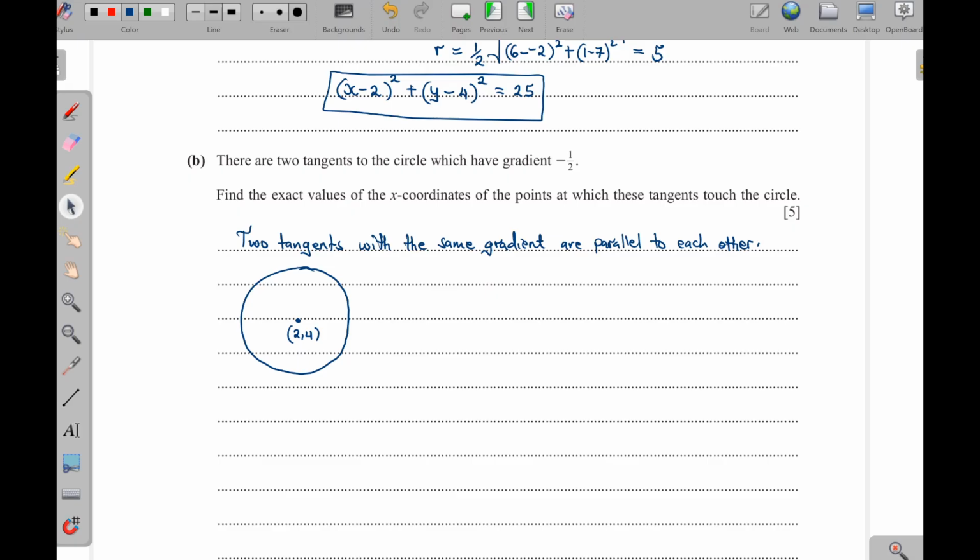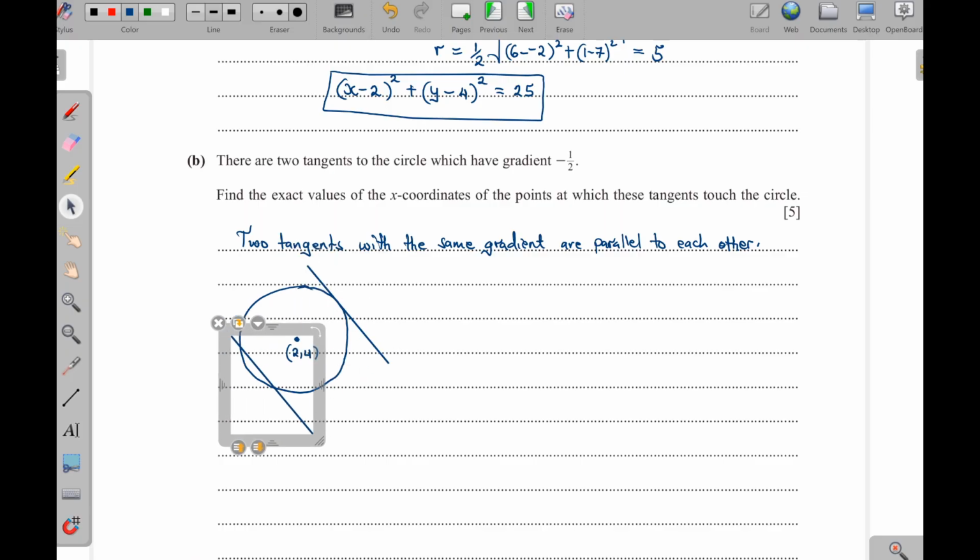Now, remember, I've said that if a line has a negative gradient, then it is slanting like that. So I'm going to draw a tangent here, and then that same tangent, I'll draw it on this other side like that.